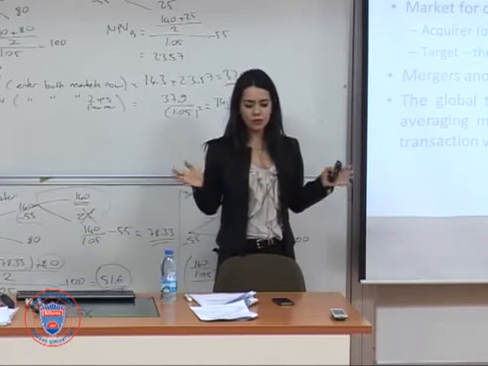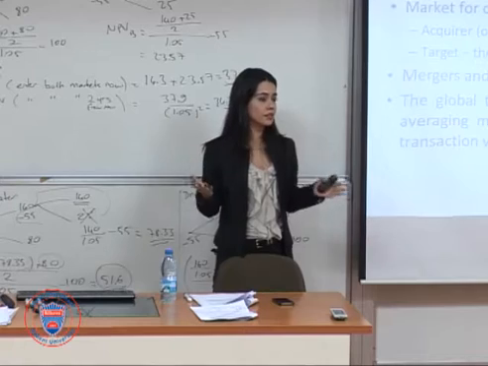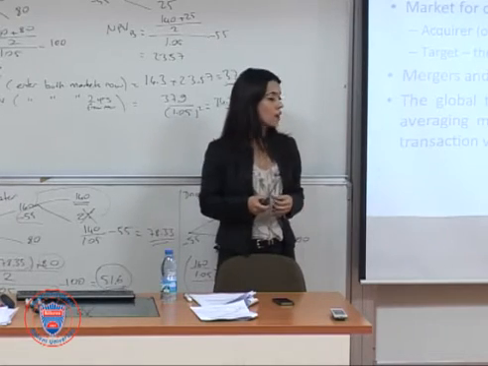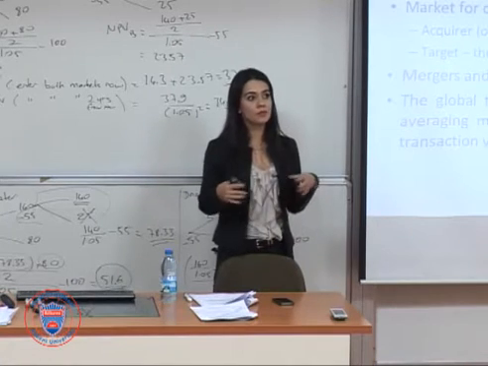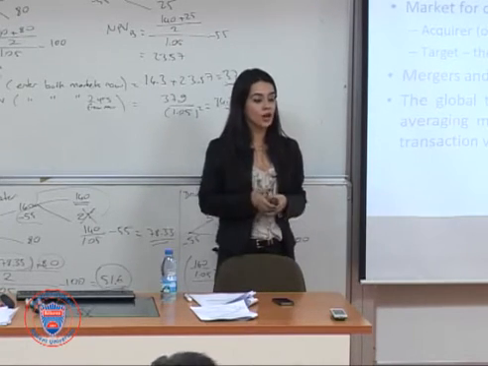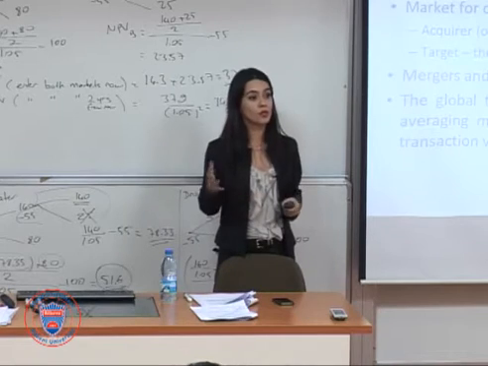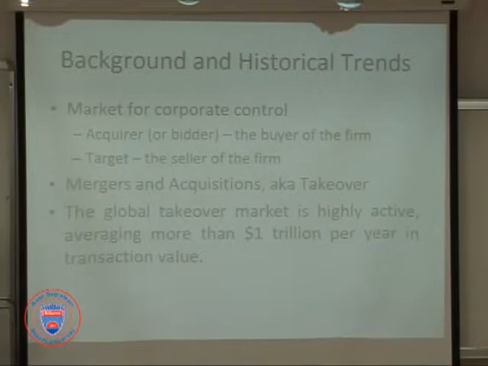And the merger market is really ridiculously big. About 1 trillion per year is spent as transaction value every year in the US. So these are pretty important corporate events. When there's a merger, you see two parties: the acquirer or the bidder, who is interested in buying the other company, and the target company, which is the seller of the firm. So there are buyers and sellers.